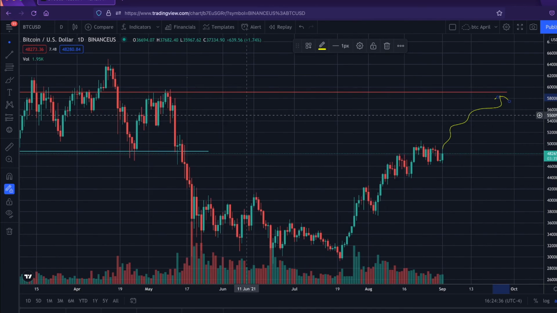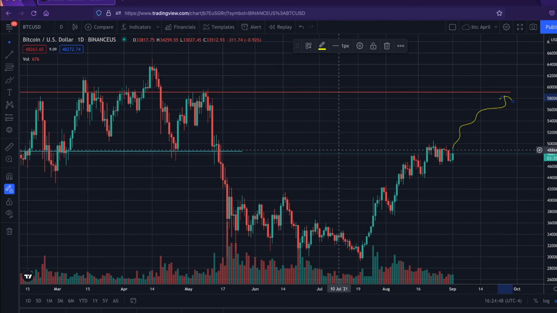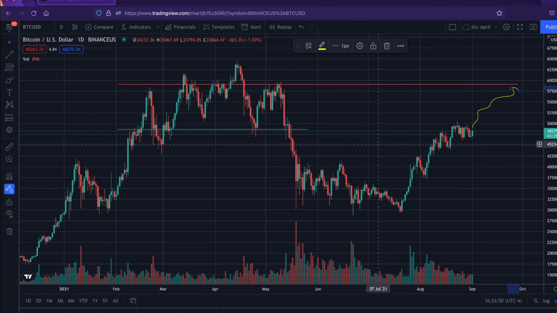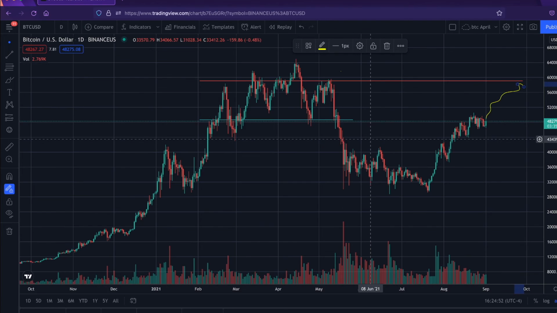So that's what we're looking at here. We've got this red line as resistance. It may take a lot of money and price action to boost above this resistance. Now, when it does, as you can see, we don't have much above this 59,000 level.